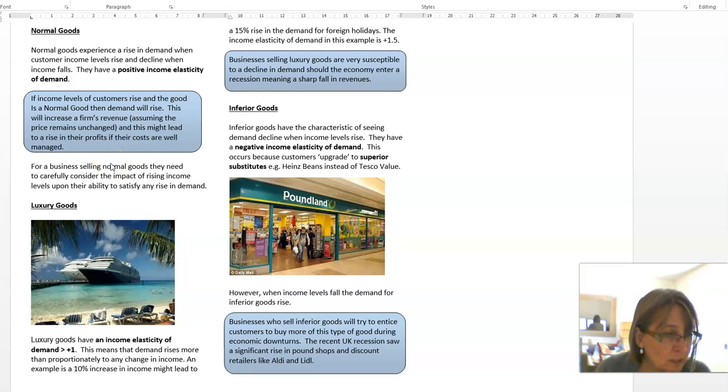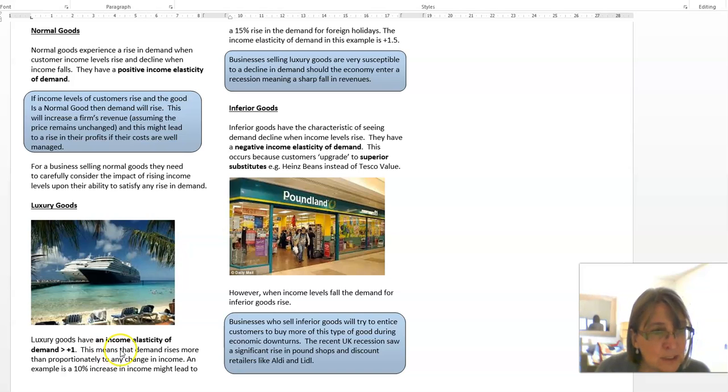Luxury goods, on the other hand, have an income elasticity of demand of more than +1. So they are very elastic. That means that when a population's income goes up a bit, the demand for that good goes up even more than we would expect.